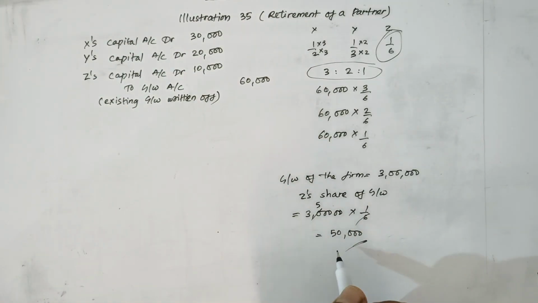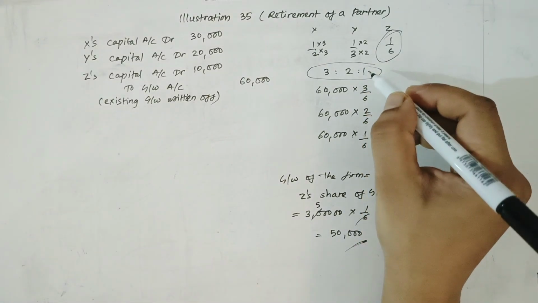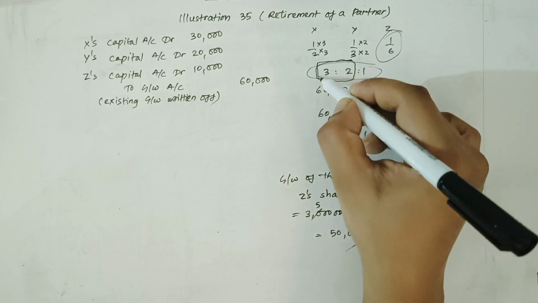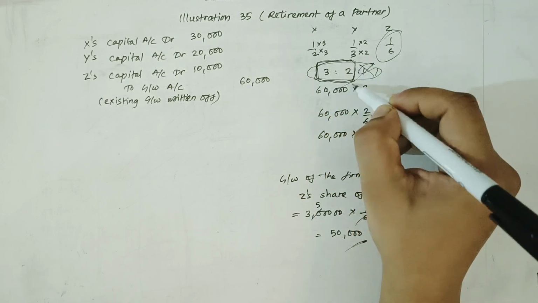Okay. Z's share of goodwill will be contributed by X and Y in their gaining ratio. Since no information about the gaining ratio is given, we can take old ratio as gaining ratio. It is 3 to 2. Z is retiring, so it is 3 to 2.